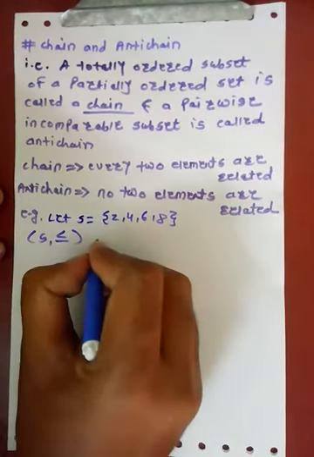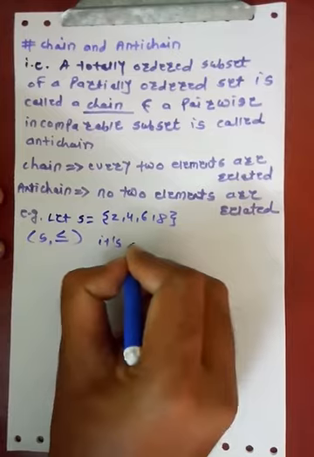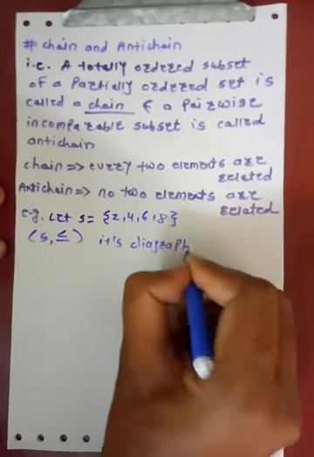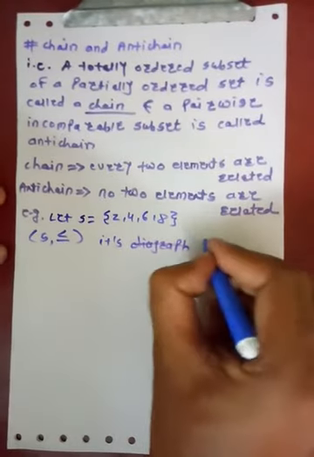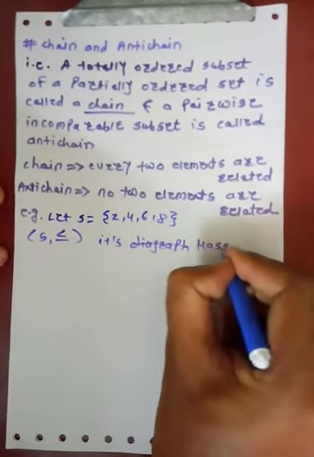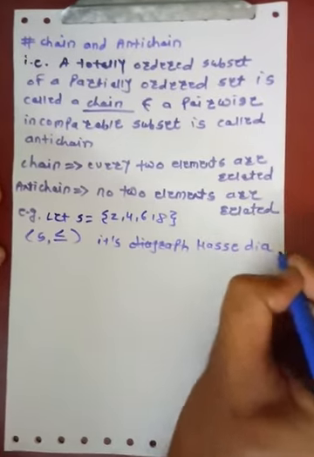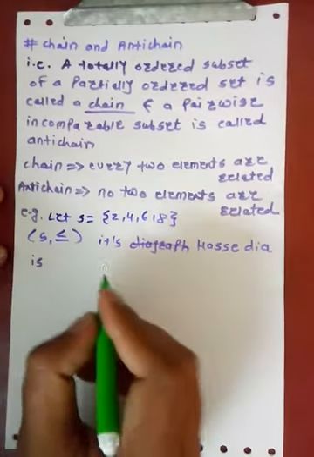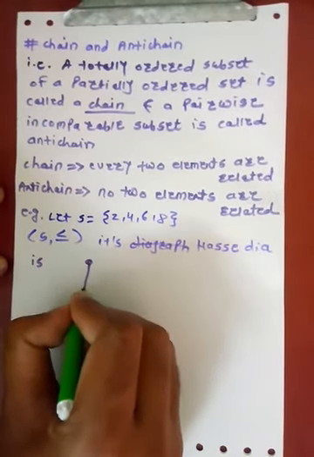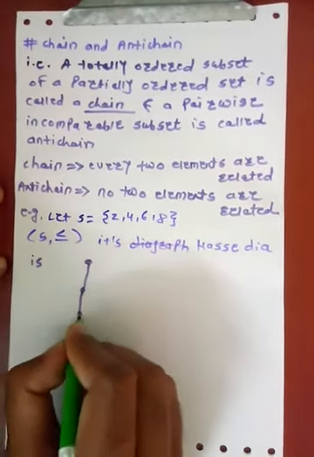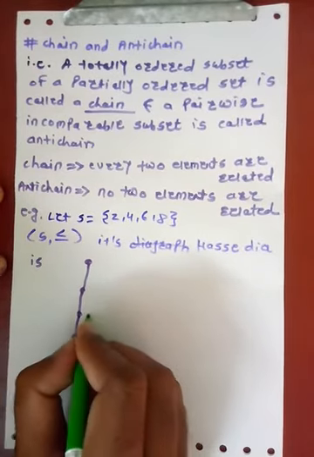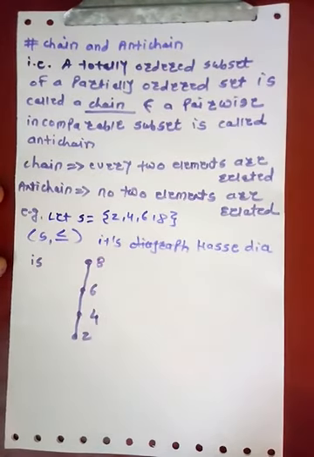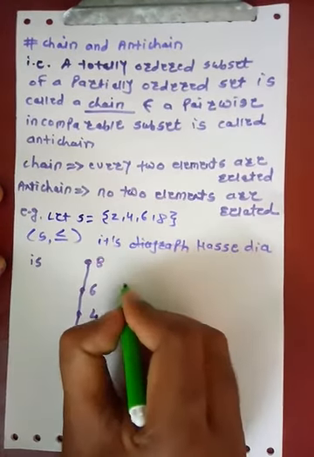Then its Hasse diagram is like this: 2, 4, 6, 8.